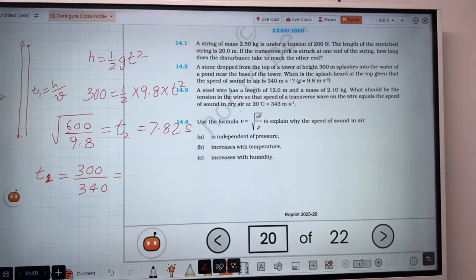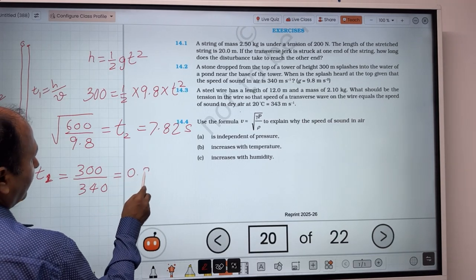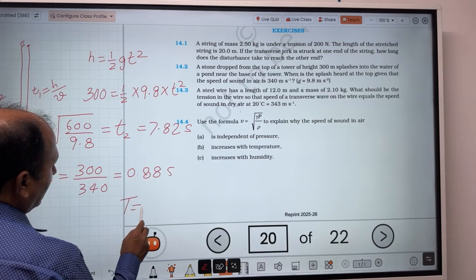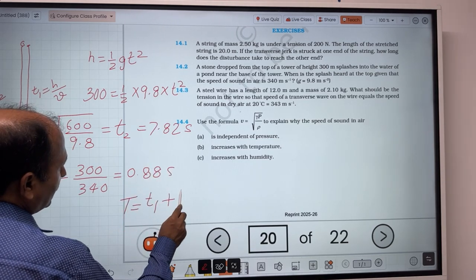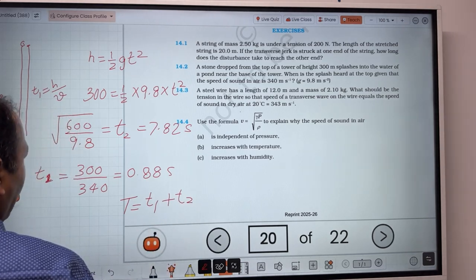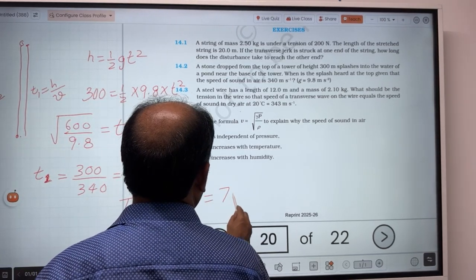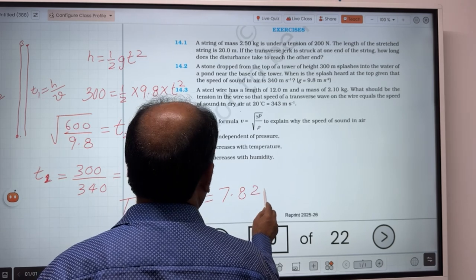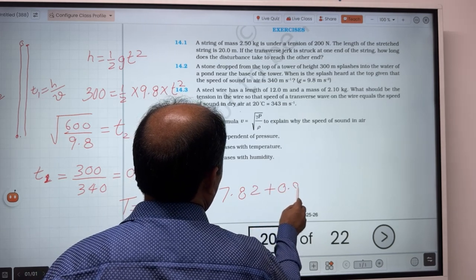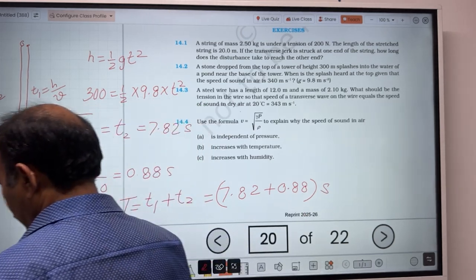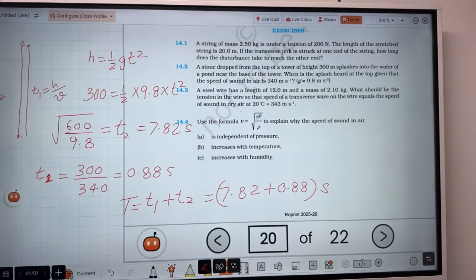It will be equal to 0.88 second. So total time t equal to t1 plus t2. We can put the values. So t2 is 7.82 plus 0.88 second. So this is the answer.